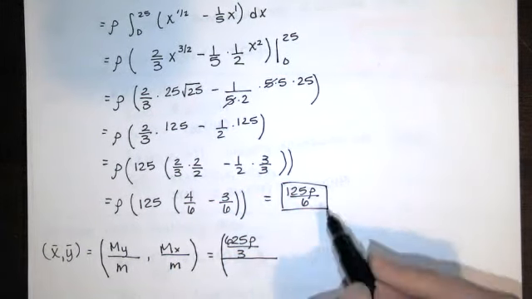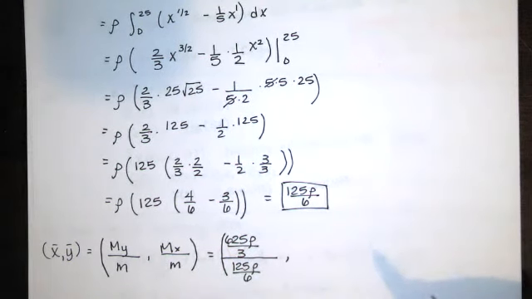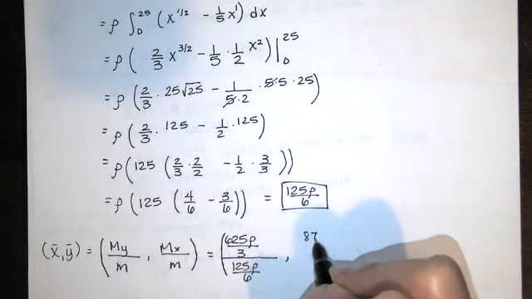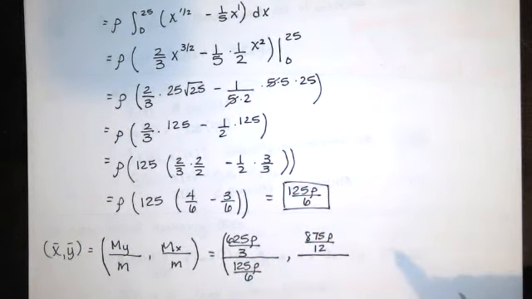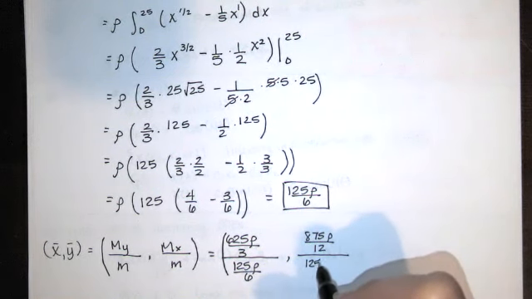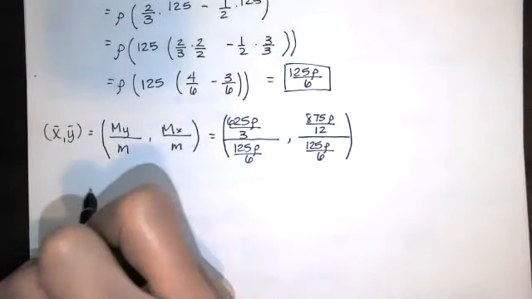And then we're going to divide by the mass, which is that 125 rho over 6. And then the moment about the x-axis is 875 rho over 12. And then we're dividing by the mass, that's 125 rho over 6. That's our answer, it's just not simplified.